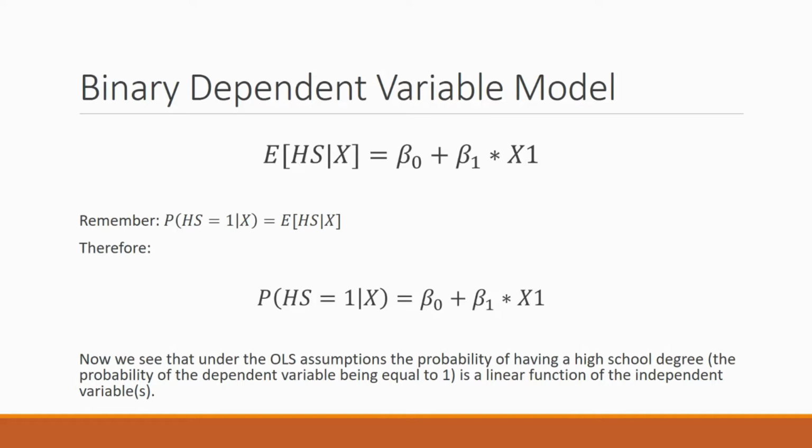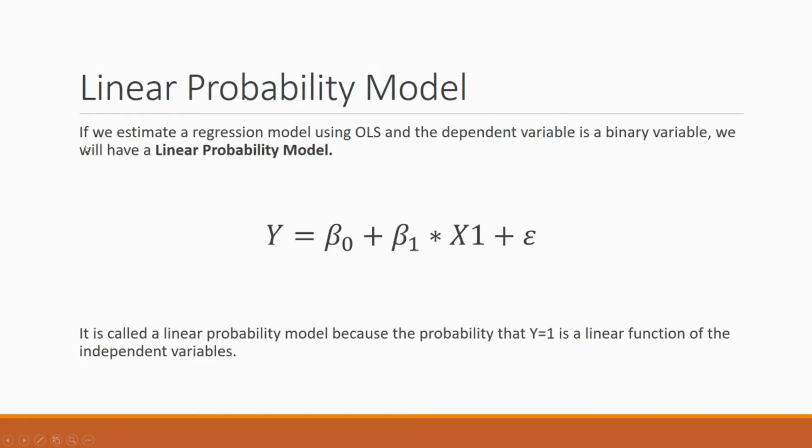What we're assuming when we use the linear probability model is that the probability that our dependent variable will equal 1 is a linear function of the independent variables. So if we estimate a regression model using ordinary least squares and the dependent variable is a binary variable, we will have what we call a linear probability model.